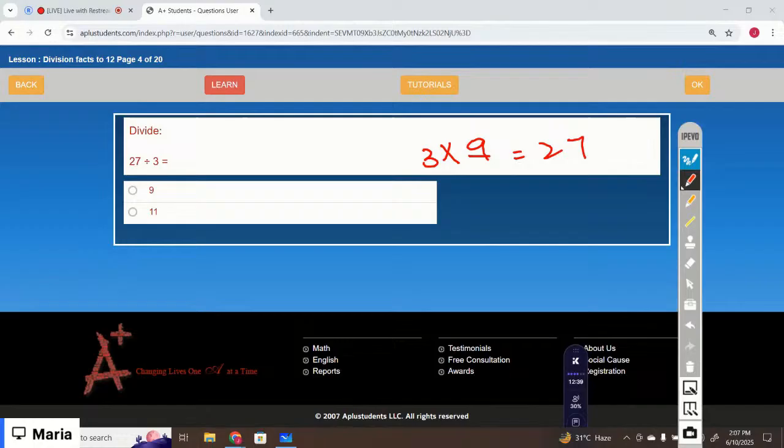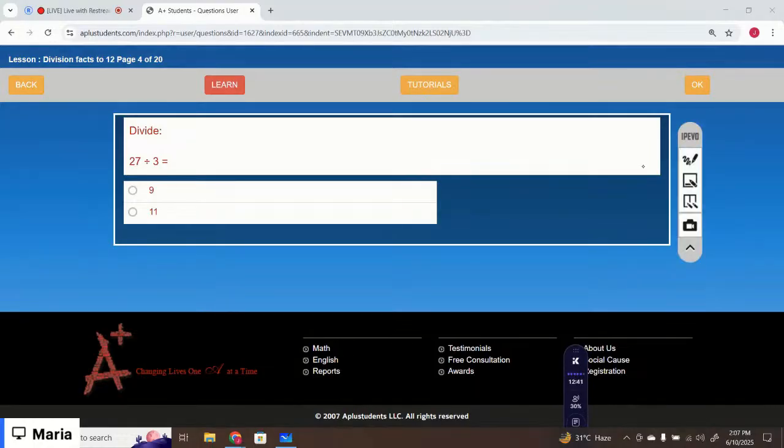That is 3 times 9 is 27. Option number 1, that 3 times 9 is 27.